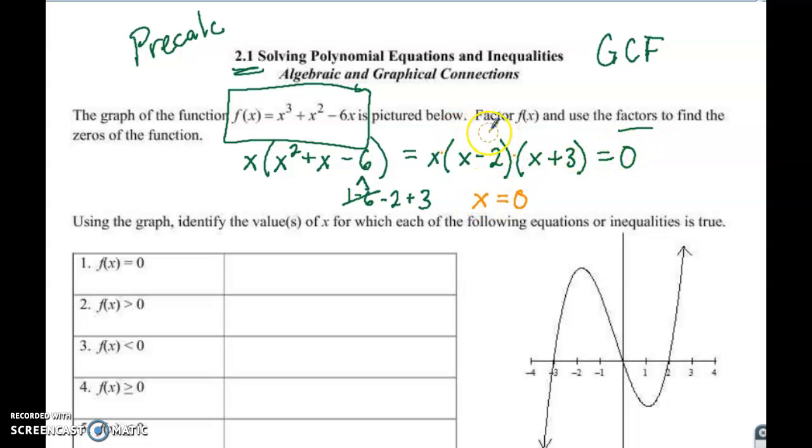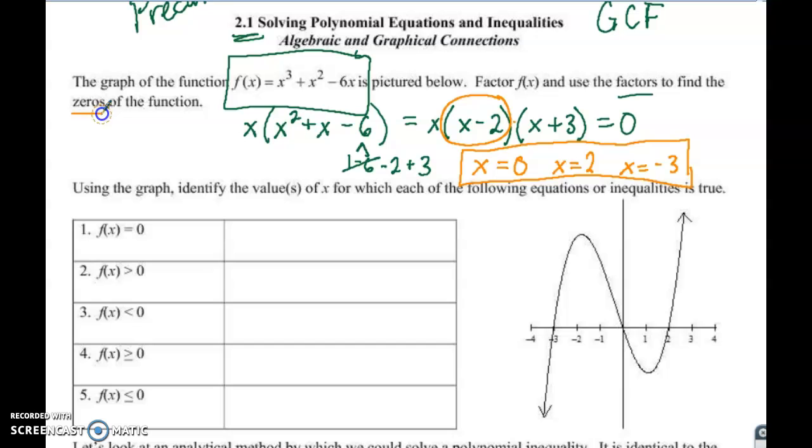The only way for this middle piece to equal 0 is if x equals 2, because 2 minus 2 equals 0. You don't care what these other numbers are, because anything times 0 is still 0. And then x equals negative 3. And you probably remember a shortcut from Algebra 2 that if this is a factor, then the solution is the opposite.